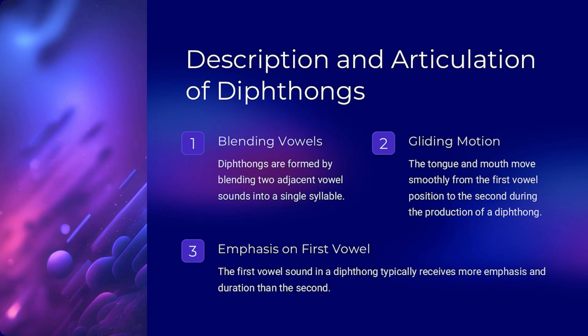There's a vowel on one side of the chart, there's another one on the other side of the chart, and when these vowels come together, then we say that a diphthong is being formed. So diphthongs are formed by blending two adjacent vowel sounds into a single syllable.